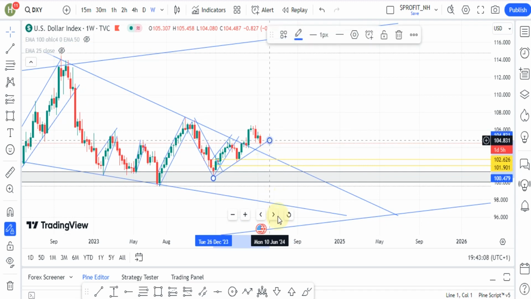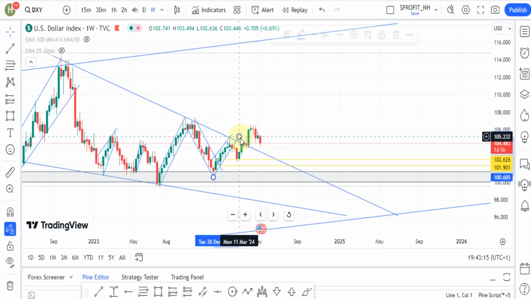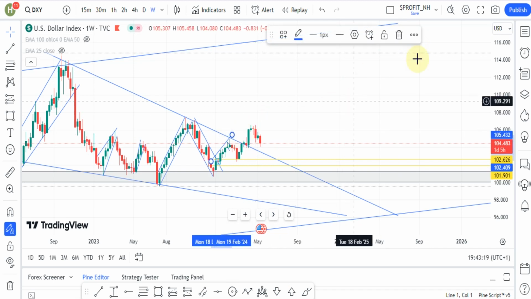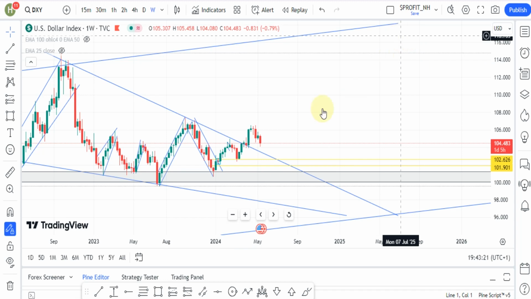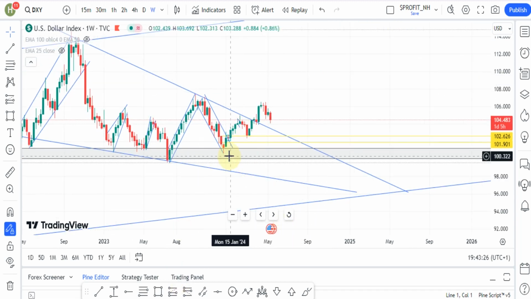Let's try to understand from this weekly time frame what is happening here. Let me just delete these structures, so that I can draw them afresh and keep the market clean. So these are the possible scenarios that should happen at this point. When you look at this market, we had a higher high at this point.